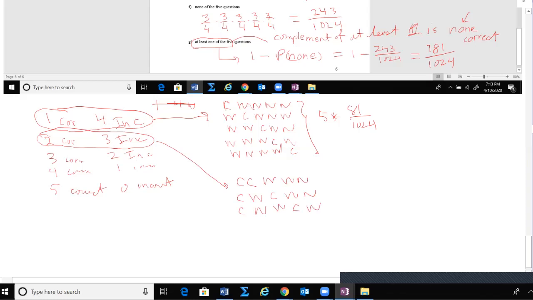You might have this one, this one, this one, correct. Then you might have a wrong one here, correct one here, wrong, wrong, correct. You've got to keep track of all this. Wrong, wrong, wrong, correct, correct.